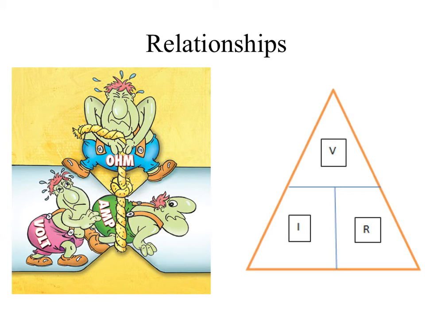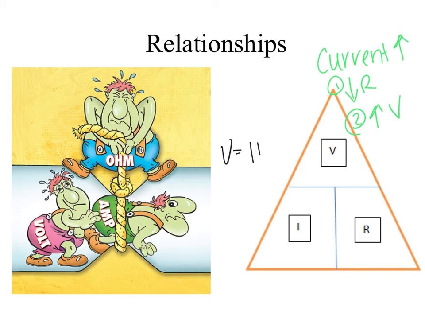All right, so help me out then. If I want the current to go up, I can either option 1, decrease the resistance, or option 2, increase the voltage, right? So when I'm looking at my equation, V equals IR.